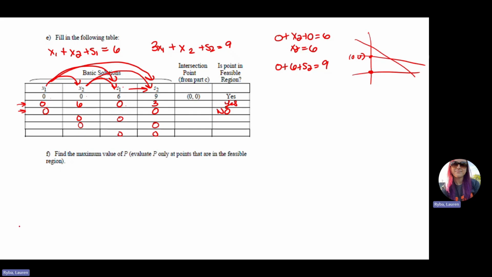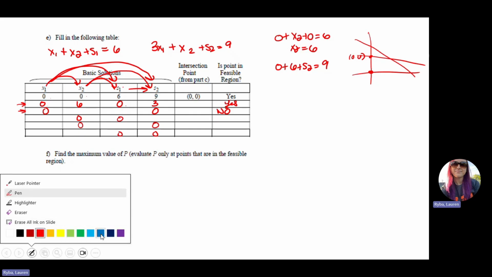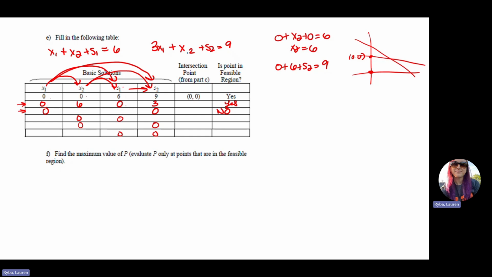If I went and did this, you'll see that I get a negative when I get to my slack variable. So 3 times 0 plus X2 plus 0 equals 9, so X2 is 9. If I plug that back into the first equation, that's 0 plus 9 plus slack 1 equals 6.